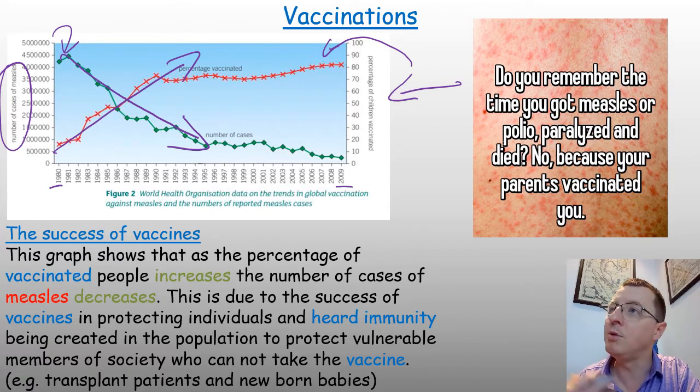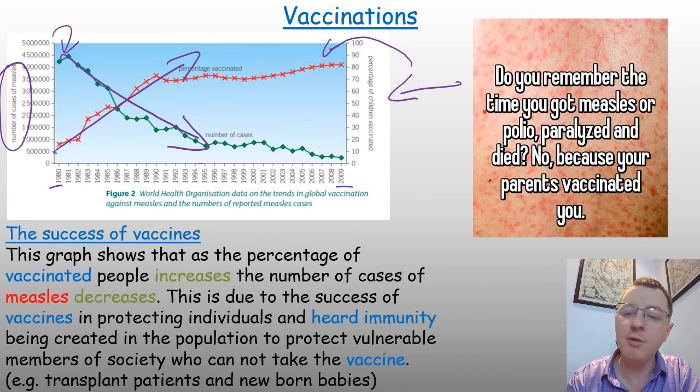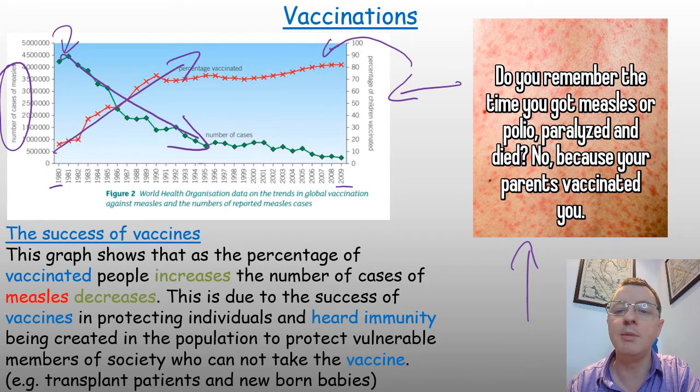People who are immunocompromised, perhaps due to illnesses like HIV, people who have had transplants and have had to take immunosuppressant drugs, or most importantly, newborn babies whose immune systems haven't matured enough yet to be able to cope with any pathogenic diseases. I find this particular meme here quite important. Do you remember the time you got measles or polio, paralysed and died?